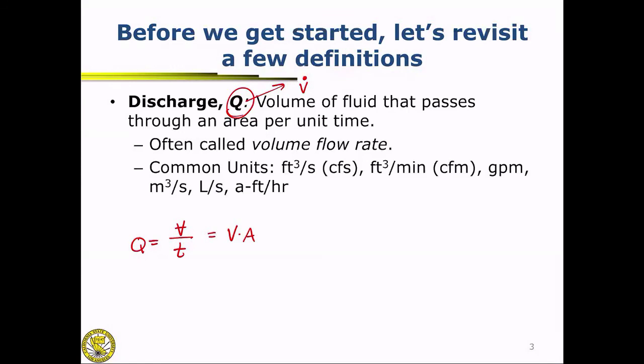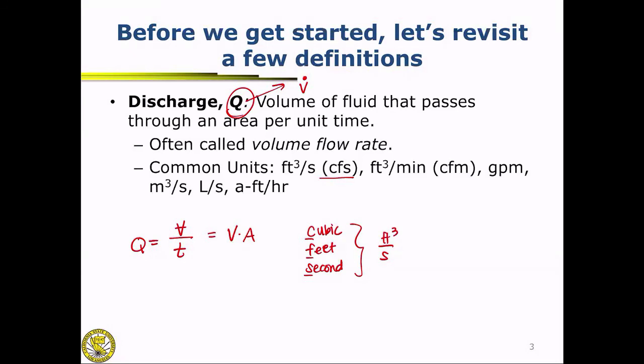The most common is CFS, where C means cubic, F means feet, and S means second. So cubic feet per second is feet cubed per second. In your book, and a lot of the literature, it just says CFS, and you might not understand where that comes from. It's just cubic feet per second.